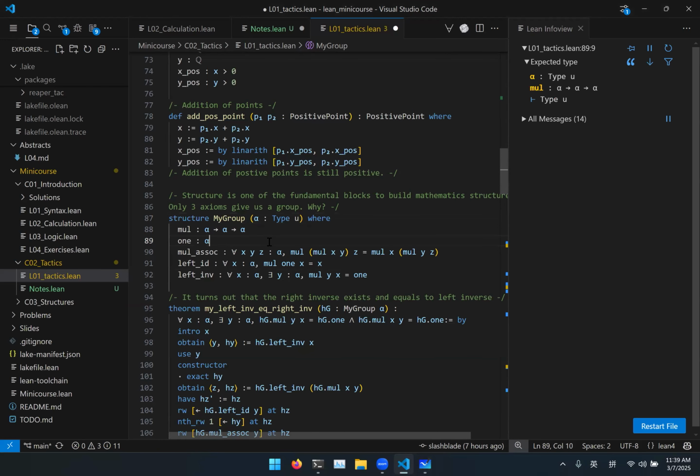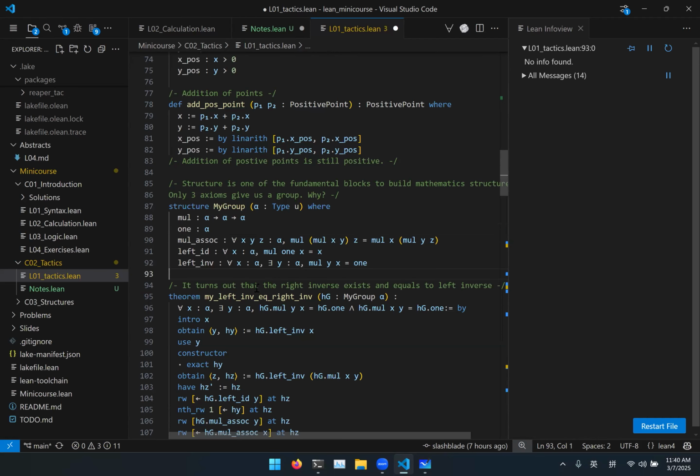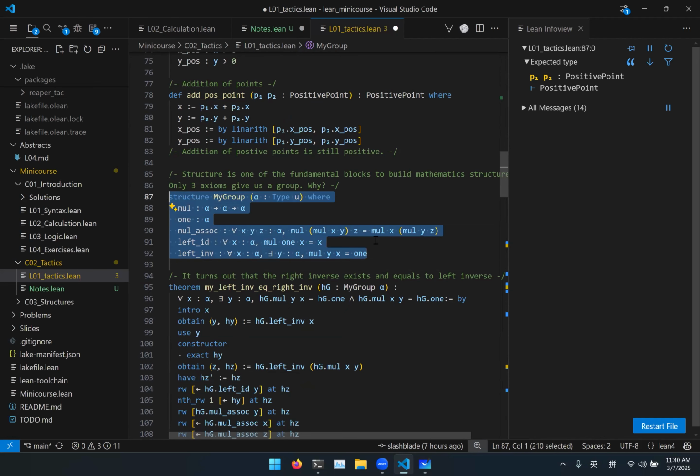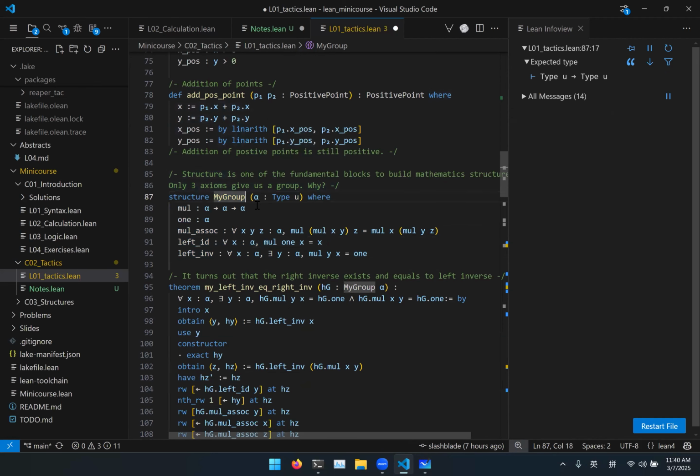It came to me very seriously only when I started programming Lean. So I want to share this experience with you, how you can reduce the axioms in the group. We can see that this is a very simple definition of a group. We first have a multiplication, and second, we have an identity element. Of course, you can omit this identity element, but otherwise you need to pick the existence of this identity from this claim.